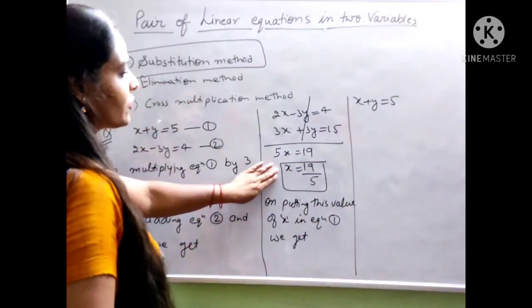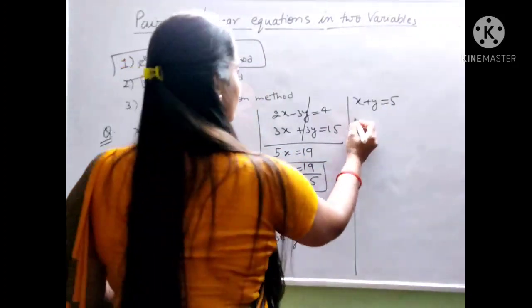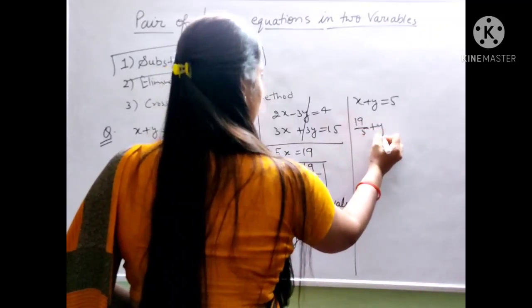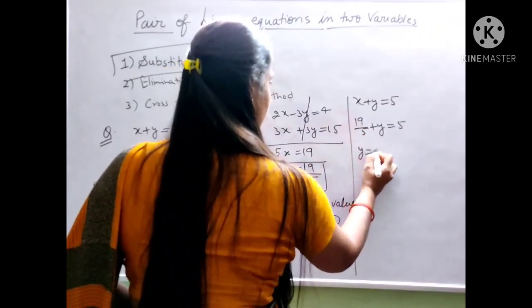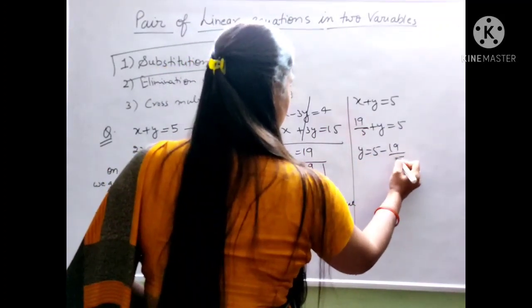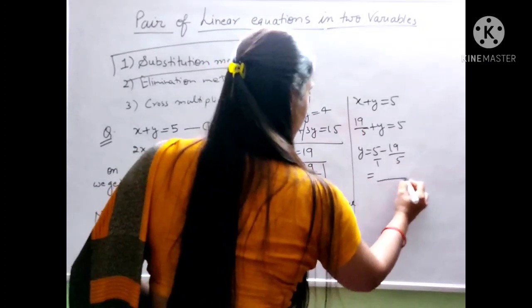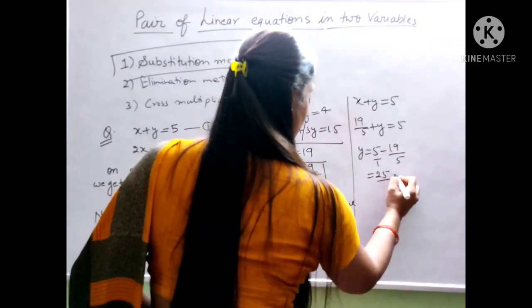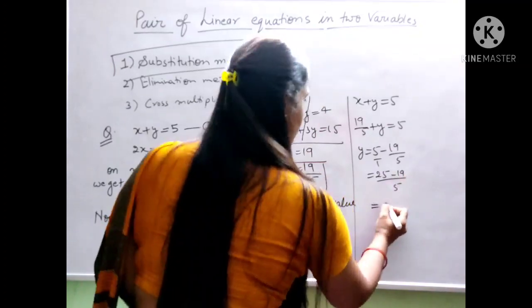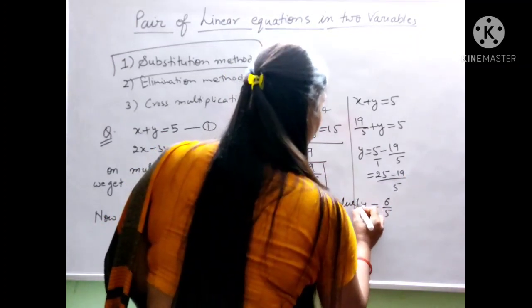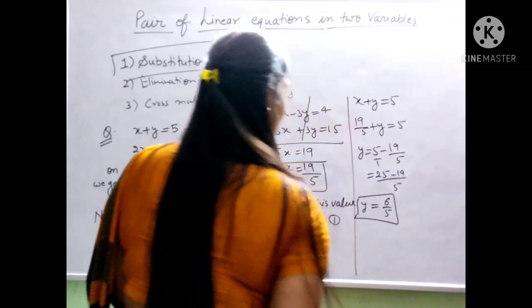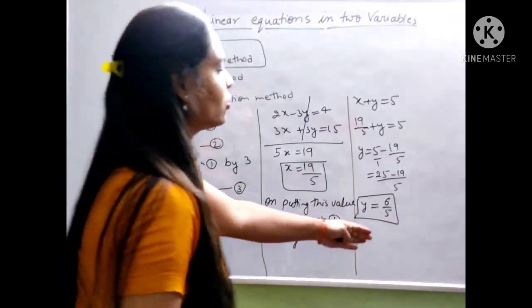So the value of x is equal to 19 upon 5. On taking LCM, 6 upon 5. So we get the value of y.